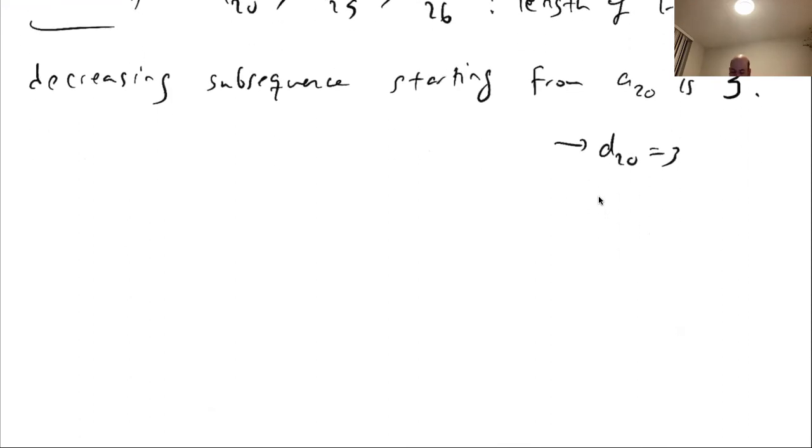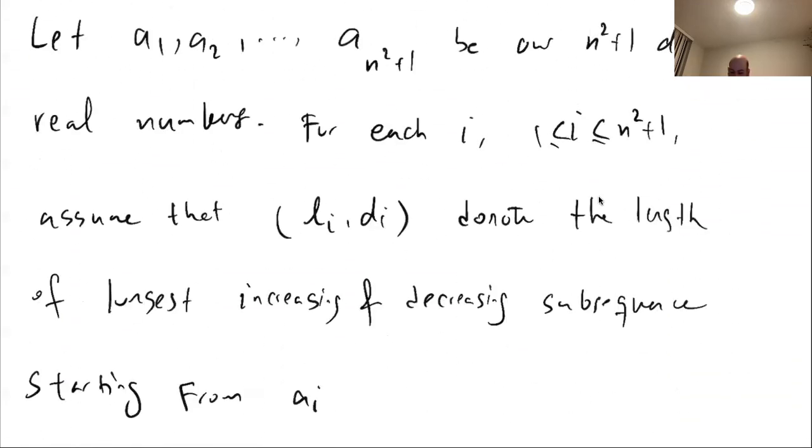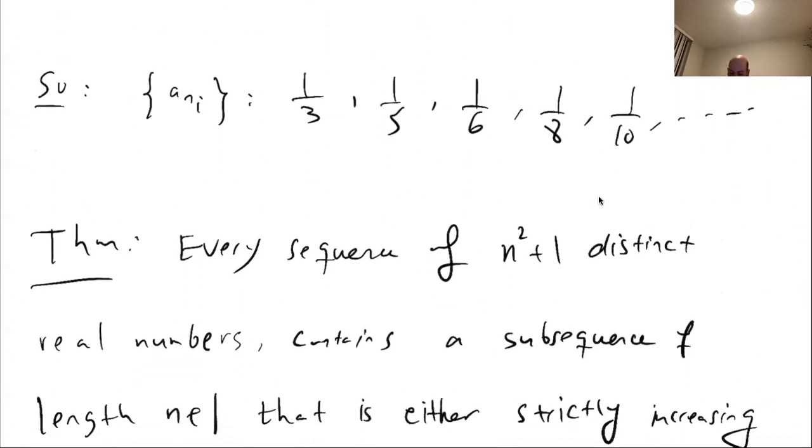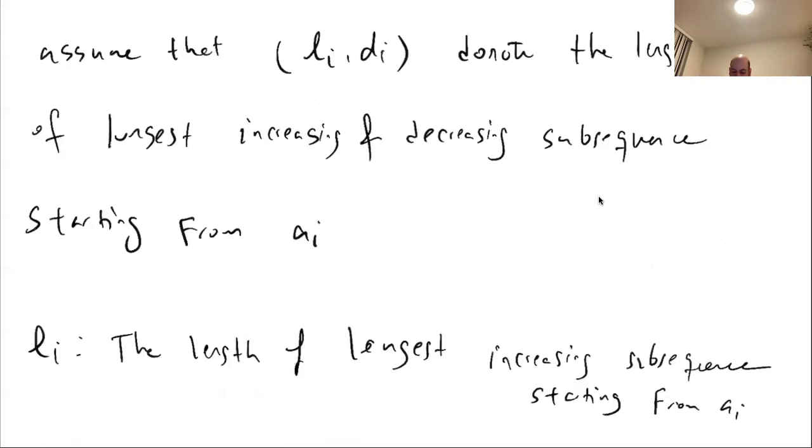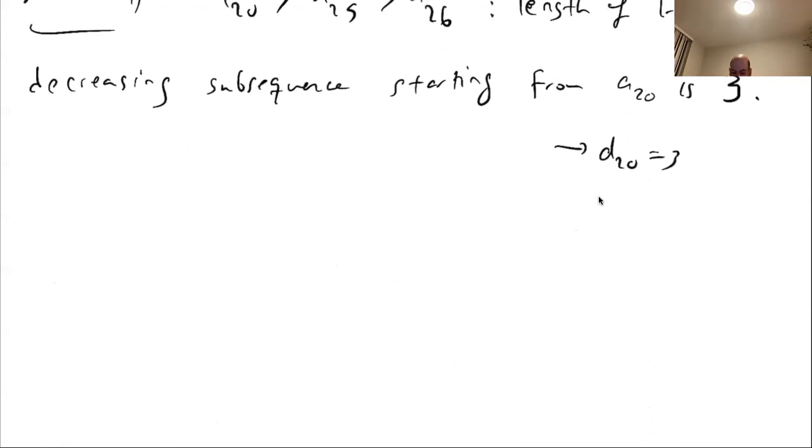Now I want to show that there is at least one subsequence of length n plus 1 that is either increasing or decreasing. So I want to do proof by contradiction.